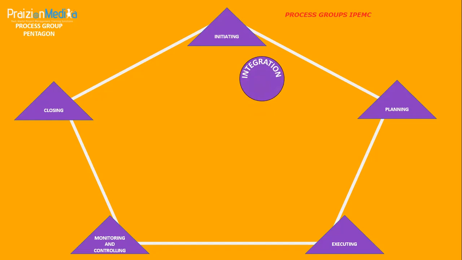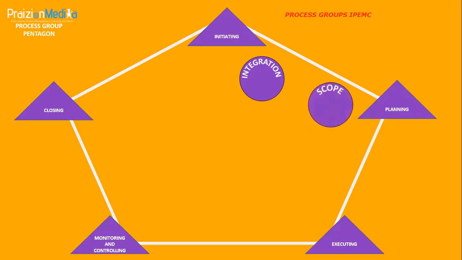The key words when you think about integration are coordinate, unify, combine. Coordinate all the moving parts of the project, unify all the moving parts of the project. And that is integration. Now, in integration, you have a number of processes, but we're not going to concern ourselves with the processes in integration just yet.